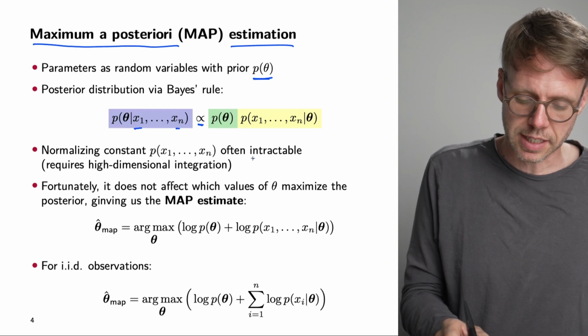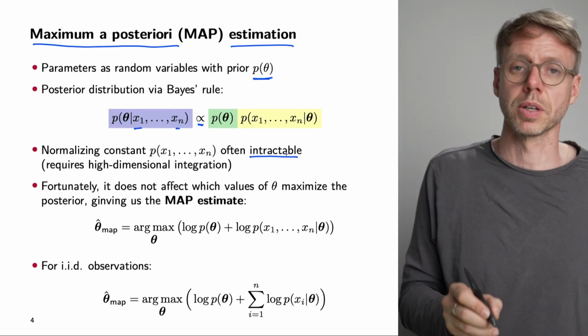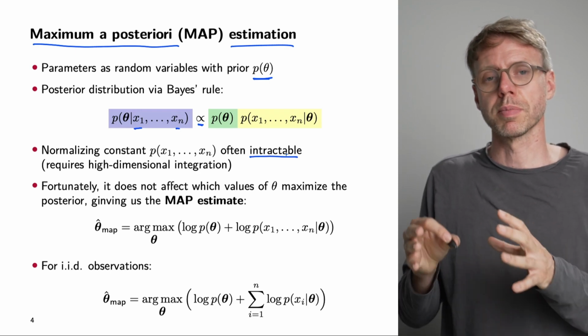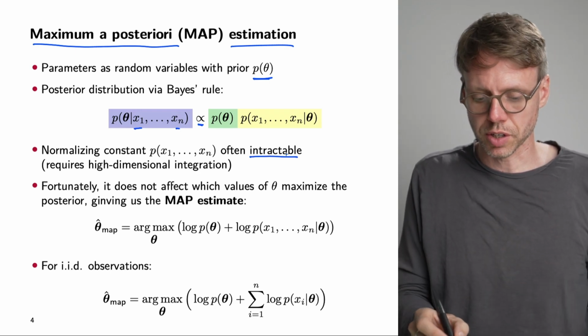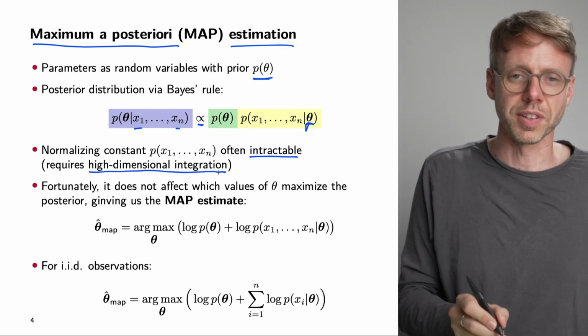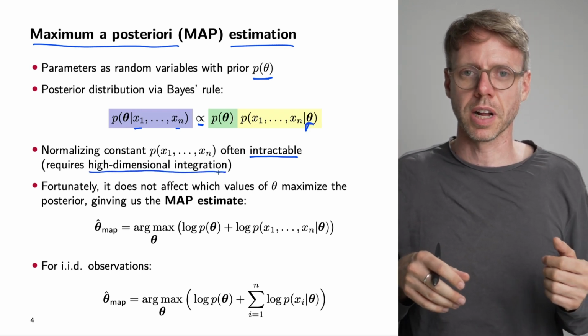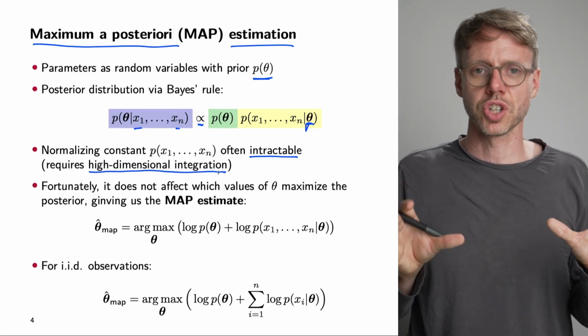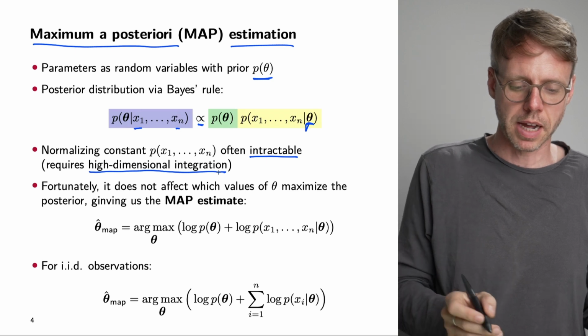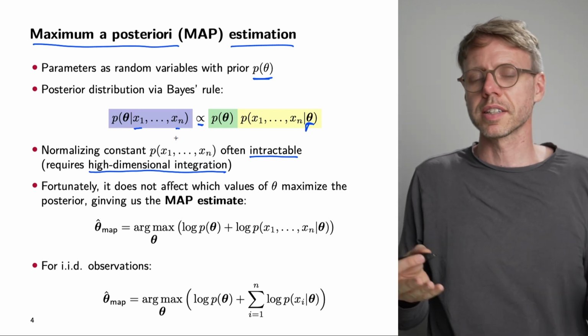The problem with it is that it is typically intractable, because it requires to take all possible configurations of theta into account, which typically is done by solving some very high dimensional integrals or very large sums. As long as we only want to maximize the posterior distribution, then this is actually not a problem.